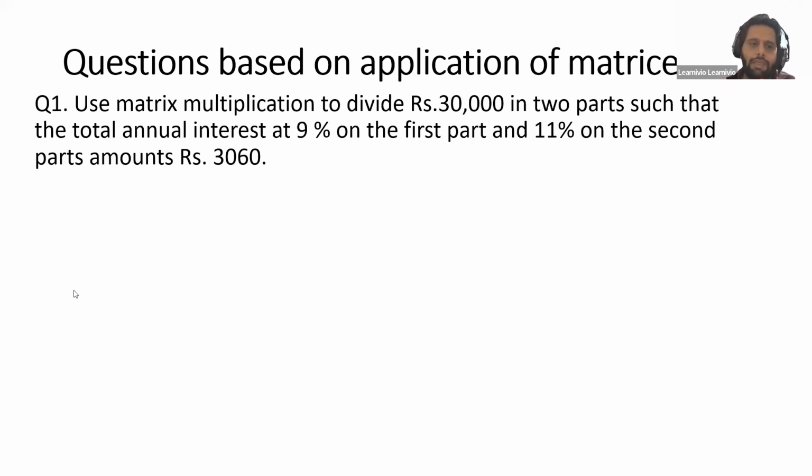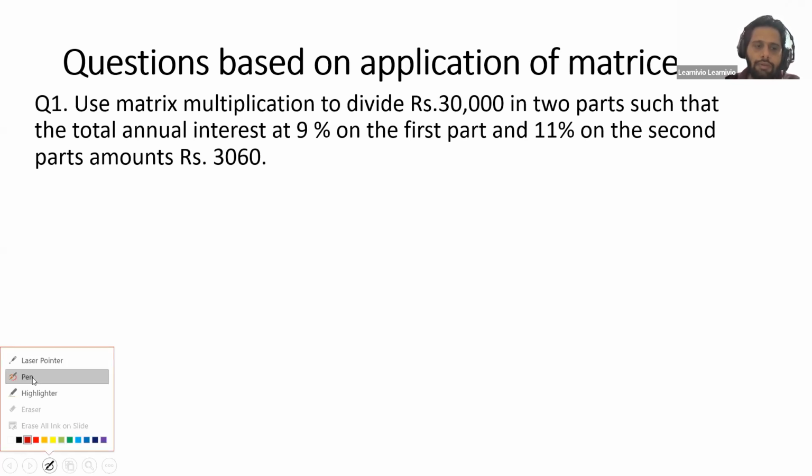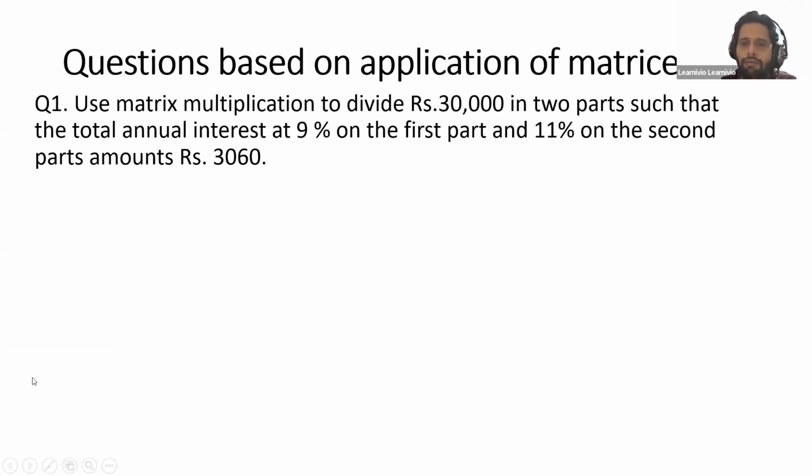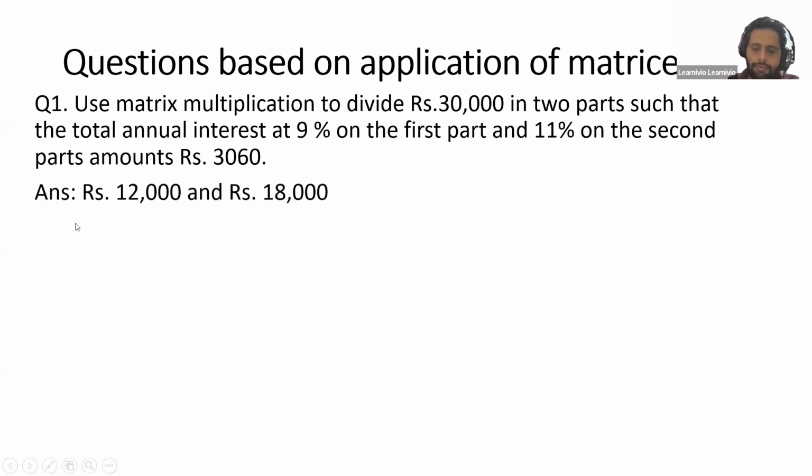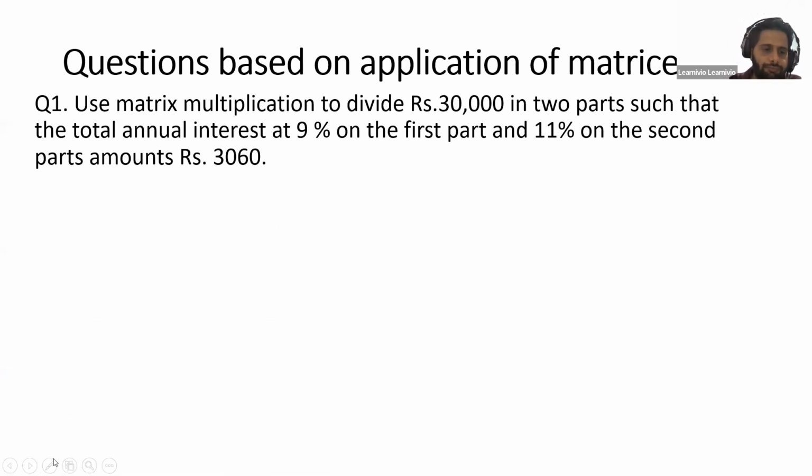Use matrix multiplication to divide rupees 30,000 in two parts such that the total annual interest at 9% on the first part and 11% on the second part amounts to the given amount. Now, the formula for simple interest is what?